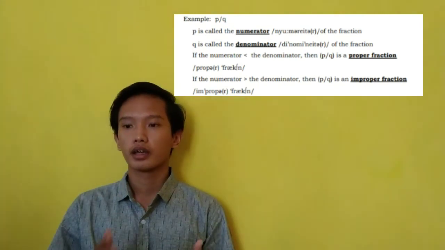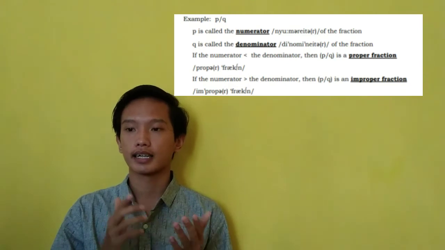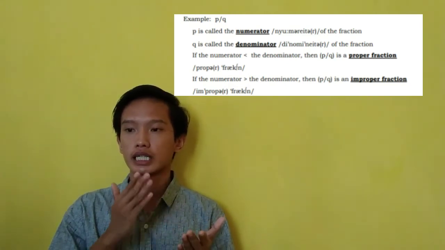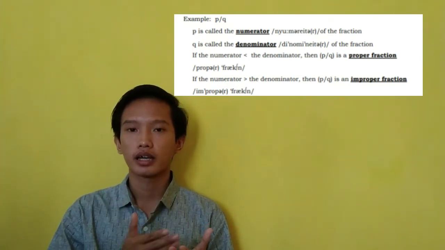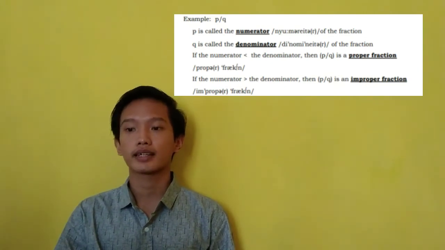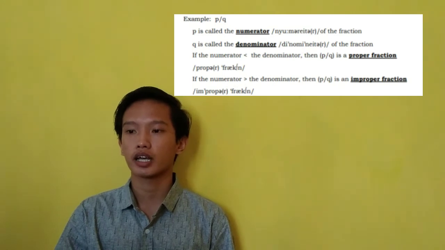If the numerator is less than the denominator, then P over Q is a proper fraction. If the numerator is greater than the denominator, then P over Q is an improper fraction.